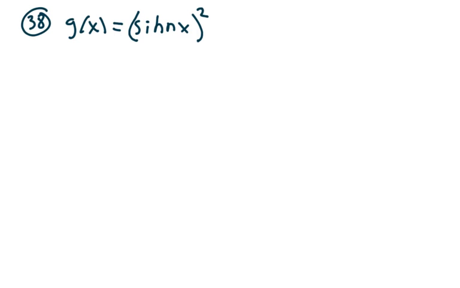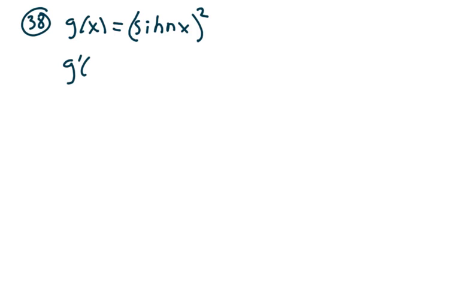38. So suppose g of x is, if you don't mind, I'm going to write this as sinh x to the second. So this is very different than problem 37. Now this time my inside function is sinh x. Last time my inside function was x squared. So we want to be mindful of that.